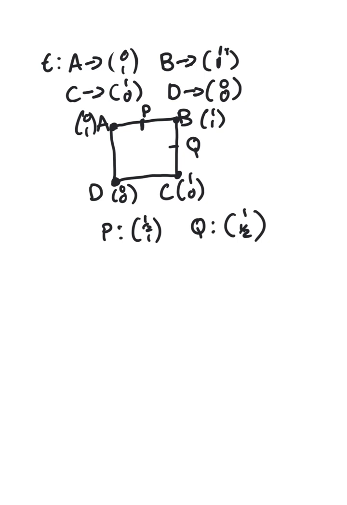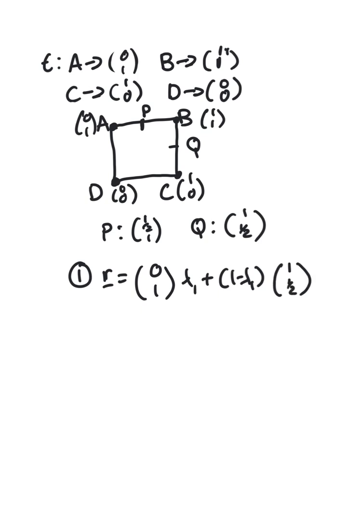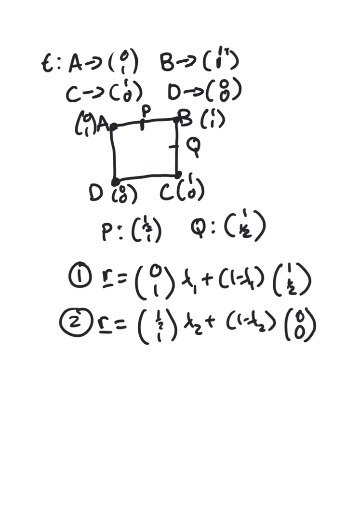And so now we can fill in the information on the lines, on the equations. Equation 1 can now be written as 0, 1 lambda 1 plus 1 minus lambda 1 times 1, 1/2. And equation 2 can be written as 1/2, 1 lambda 2 plus 1 minus lambda 2 times 0, 0. What's quite nice about equation 2 is that the second term cancels.